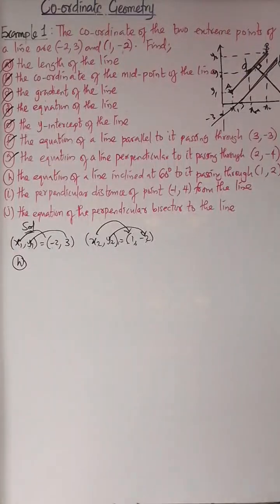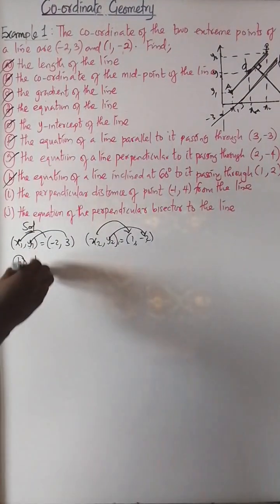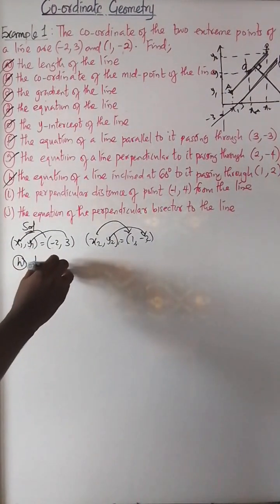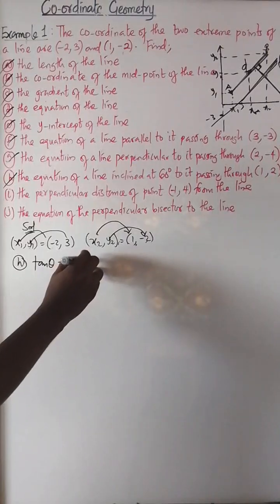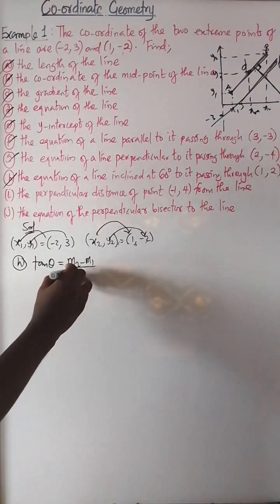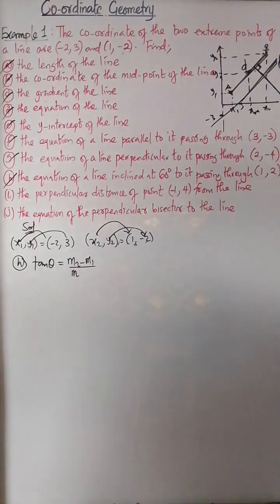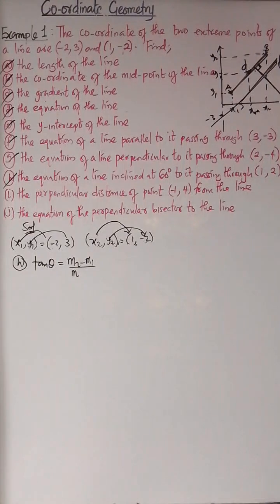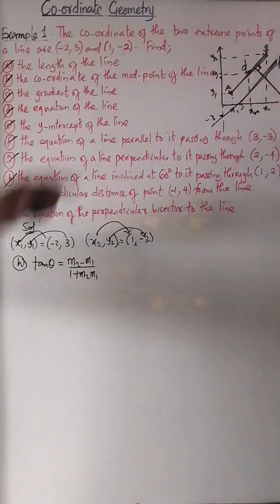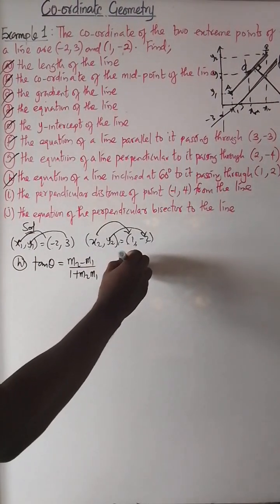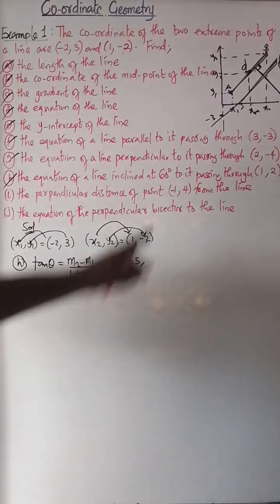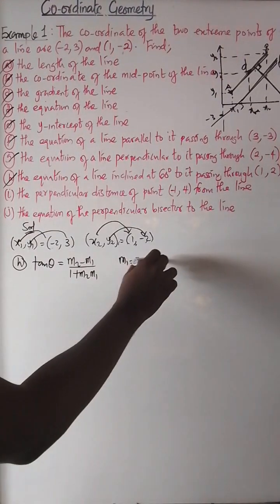Okay, for H, recall, if we know the angle between two lines as theta, the formula is tan theta equals M2 minus M1 over 1 plus M2 M1. For this particular line, we've gotten the gradient, M1 is 5. And now we are told that the angle is 60.